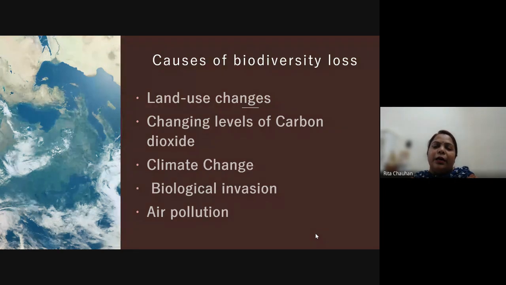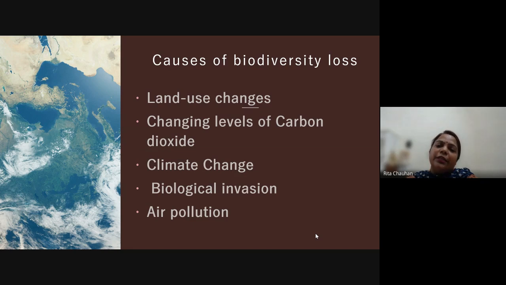For example, we bring some plants which are not native to that area because the plant is very beautiful or commercially useful. Slowly, when we grow that plant in a new area, it invades the whole area. Because of its high competition rate, it covers all the area, and the native species of that area are lost. That is another reason for biodiversity loss.